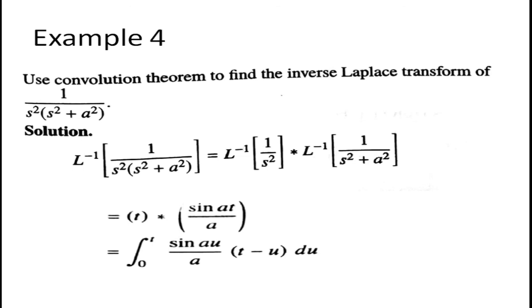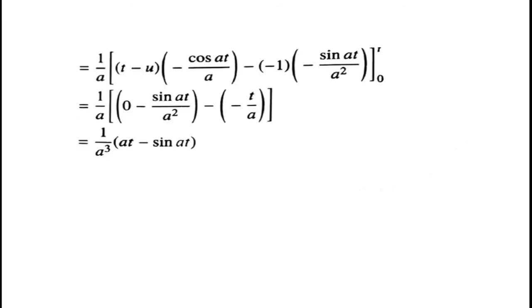Second function is 1 by s square plus a square, the inverse is sin at by a. So by applying convolution theorem, it becomes integral 0 to t sin au by a into t minus u du.